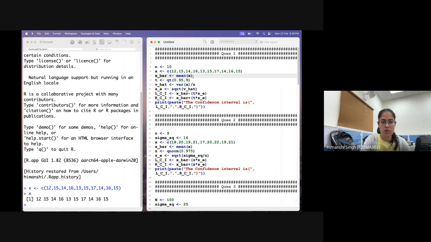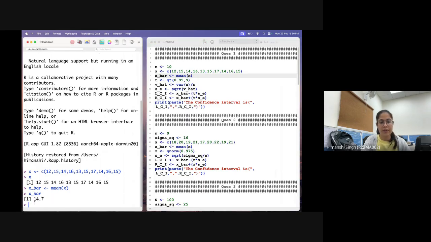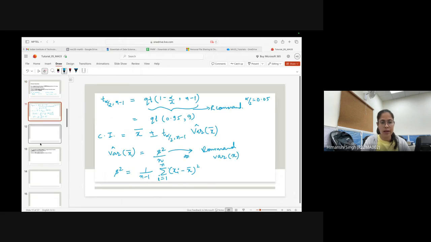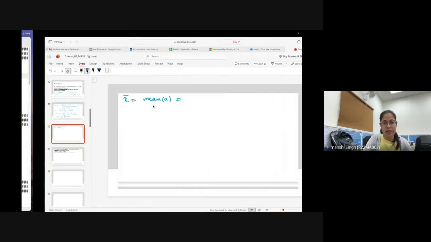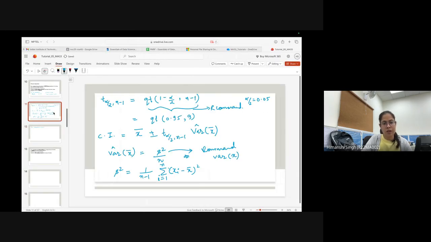So what is x bar? X bar is 14.7. So by using the command mean of x, I'm getting it to be 14.7. Fine.